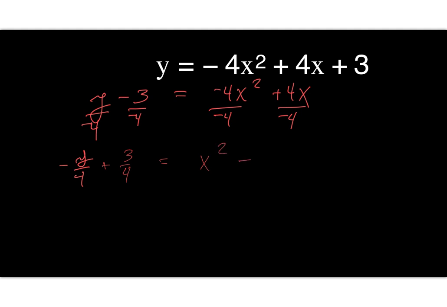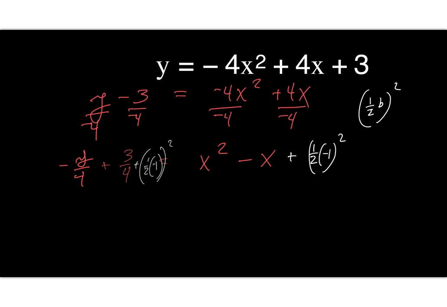X squared minus x. Completing the square is I take half of b, square it. I'm going to add half of negative 1 squared. Over here, I'm going to take half of negative 1, square it.